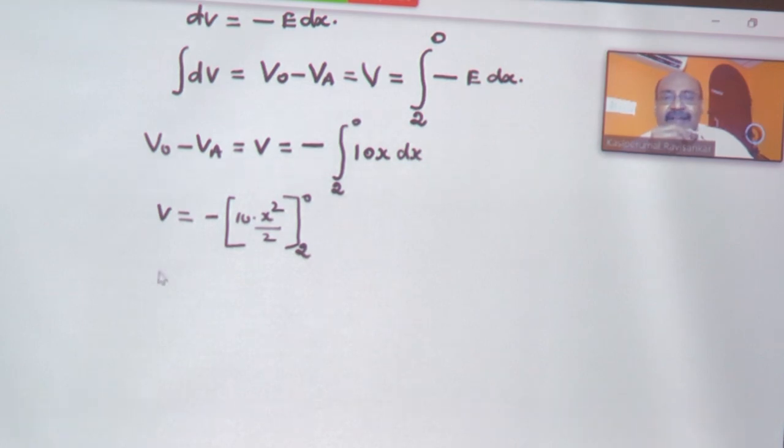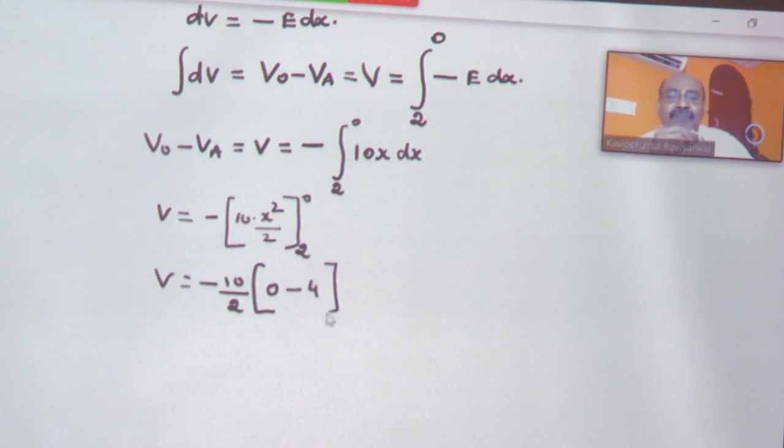So V is equal to minus 10 divided by 2 into the upper limit, 0 minus 4. You will get minus 5 multiplied by minus 4. So the potential difference, minus of minus will become plus, is 20 volt, which is the work done in moving the unit positive charge.